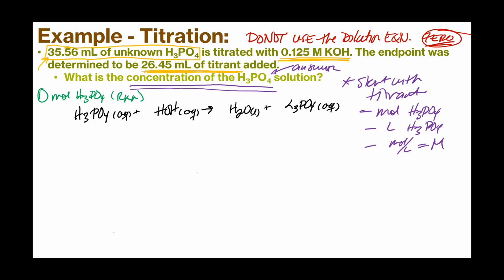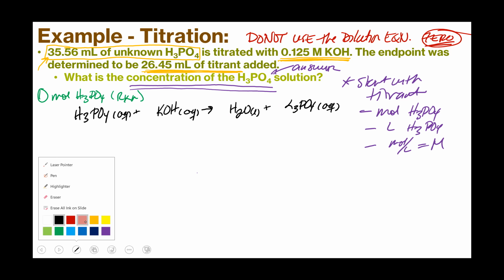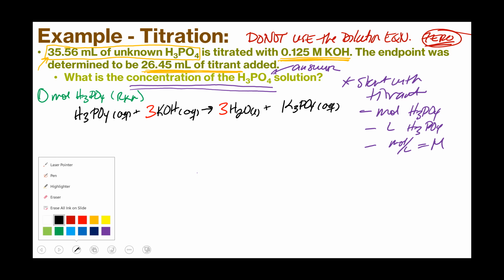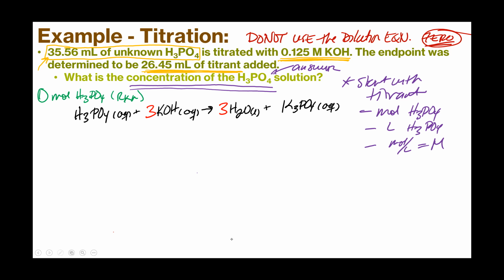That's KOH, I erased too much. Oh, yeah, we need 3 waters. That's my problem. Because we have 3 H's and 3 OH's. I forgot the extra hydrogen there. Then I lost my K here. That gives us 3 potassiums, so that's okay. Phosphate, that's okay. So we just need 3 KOHs and 3 waters. This reaction is not a one-to-one reaction.